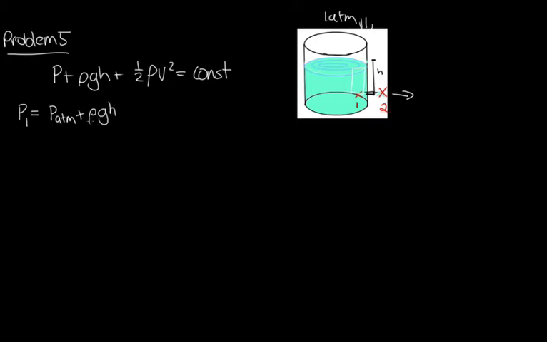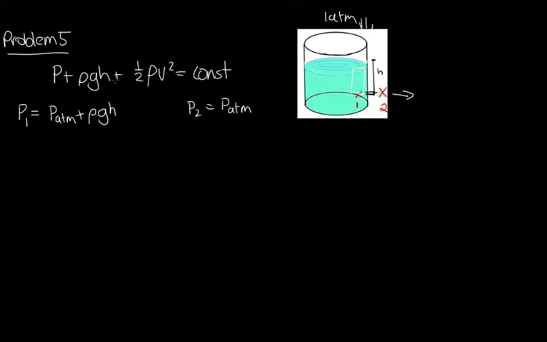We showed this equation for the pressure in problem 1 and 2 if you want to see how we derive that. So the pressure at 2, once it's left the tank, it's just open to the atmosphere, and so this is equal to the atmospheric pressure.